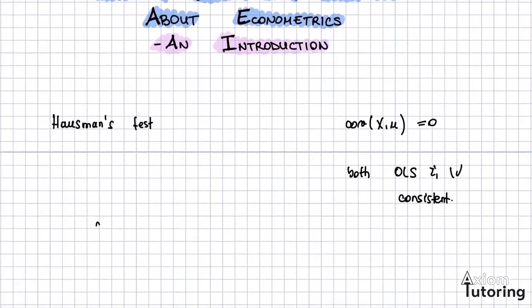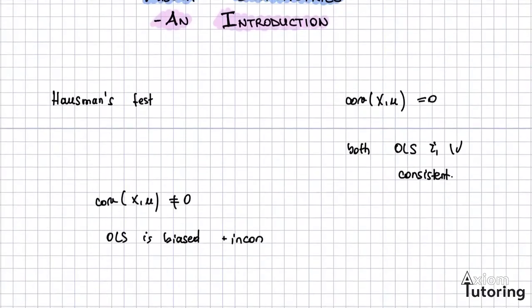Now, when the covariance between X and U is not 0, meaning my X is endogenous, I know that my OLS is both biased and inconsistent, okay? But IV is consistent, okay? And the difference between them estimates basically the bias in OLS.